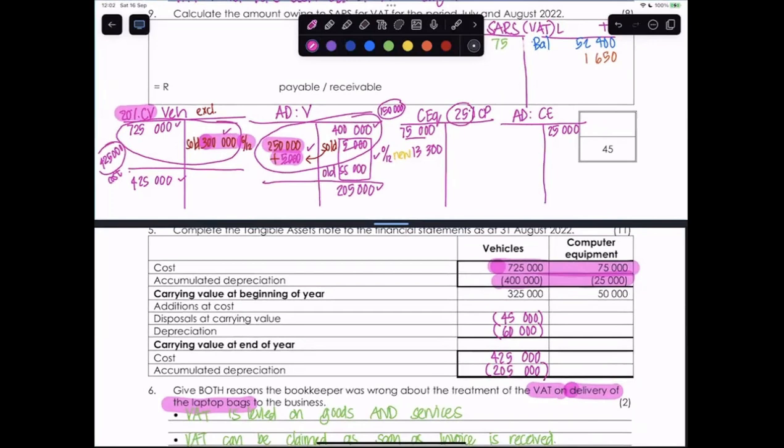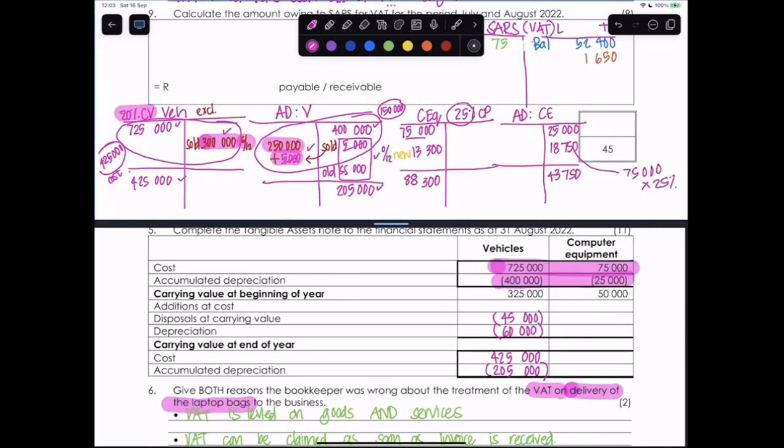So the total depreciation will be 18,750. I'll show my calculation here. And then obviously that will give you a new computer equipment ACDEP of 43,750. And your computer equipment now has a nice new balance of 88,300. Notice the new, I didn't do depreciation because it was 0/12.